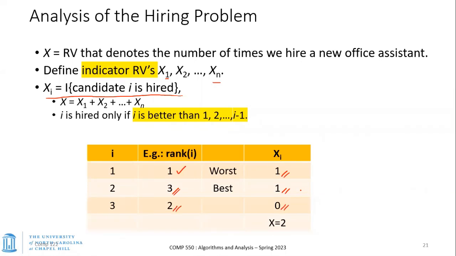Again, this is the example where X, the sum of the indicator random variables, is the sum of all three, and so it's going to be 2. That represents a particular instance of this hiring process. But in another instance, it's quite possible that you will get a different order.